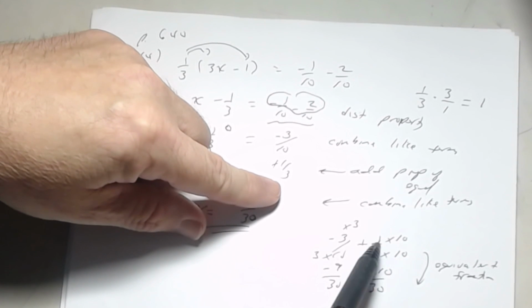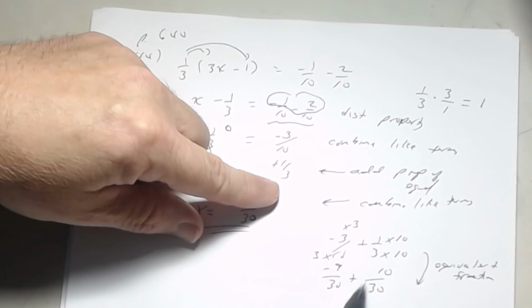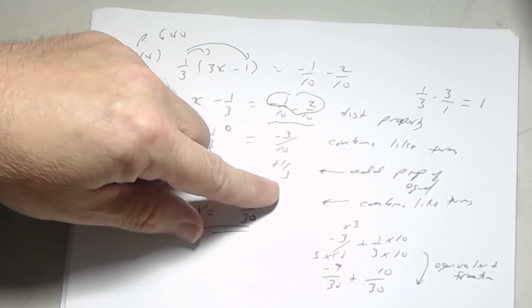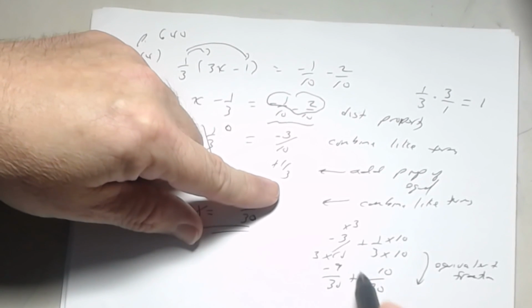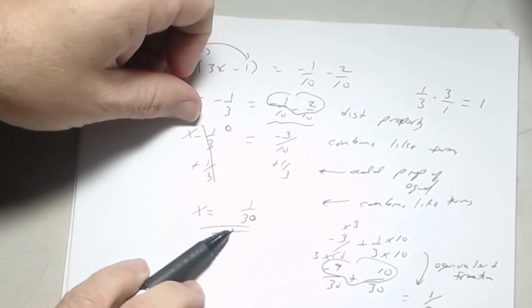Negative 9/30ths. 1/3 is equivalent to what fraction? 10/30ths. And now since the denominators are the same, I just add their numerators. What's negative 9 plus 10? And so I got 1 over what? Which is what this was. Okay? All right. So we're going to do a few more problems with this Thursday, but your test covers that.